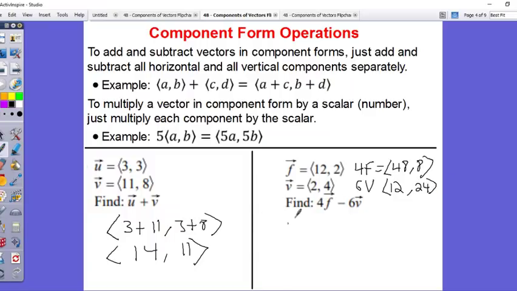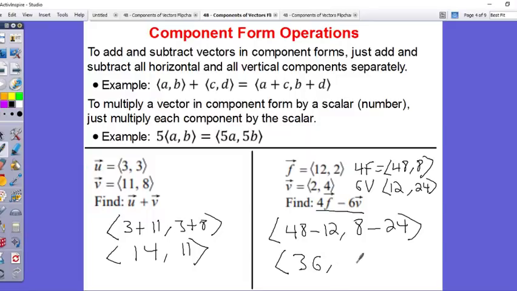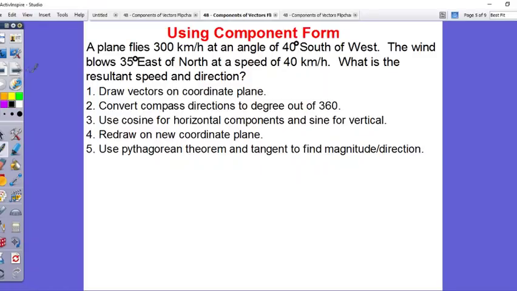So when we're subtracting the two, we're going to have 48 minus 12, comma 8 minus 24. So we will ultimately have, for 4f minus 6v, components of 48 minus 12, that'll be 36, and 8 minus 24 will be negative 16. So that's how we add and subtract vectors or multiply by a scalar.